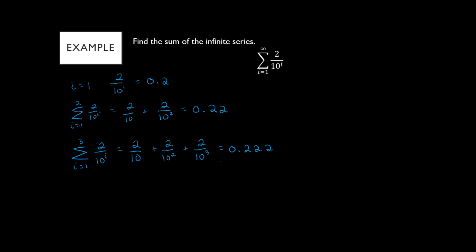So if you're following this pattern, then presumably if we do this to infinity, this would be 0.222, like the 2's would just keep repeating on, because if you follow that pattern and assume it's going to keep continuing.